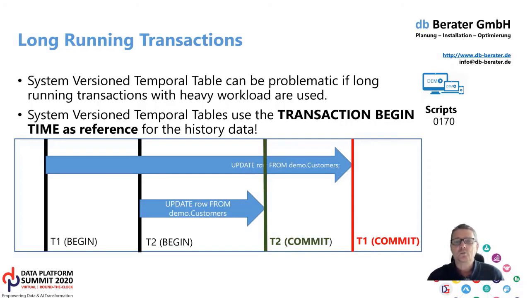This update will fail and the transaction will stop. The timestamp from transaction 1 is earlier than the timestamp of transaction 2. The last demo will show you how you can identify this problem, and I want to give you a possible solution to avoid this.